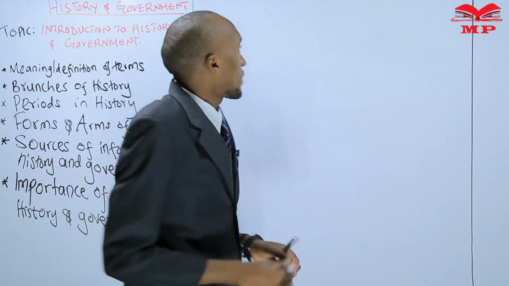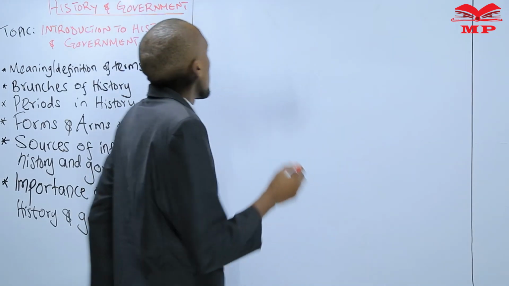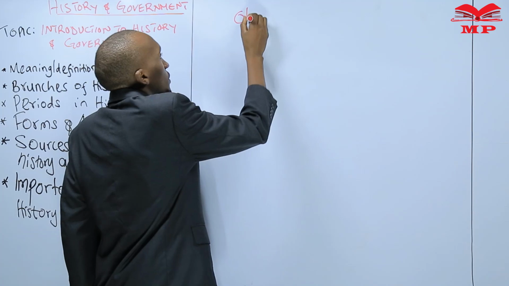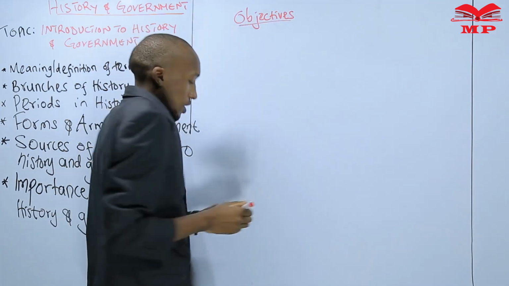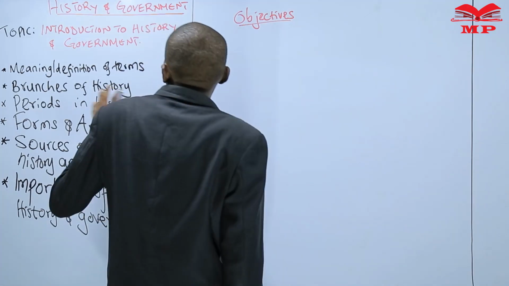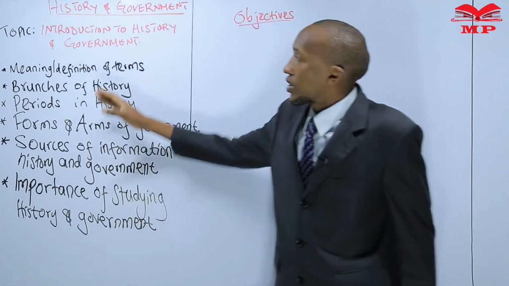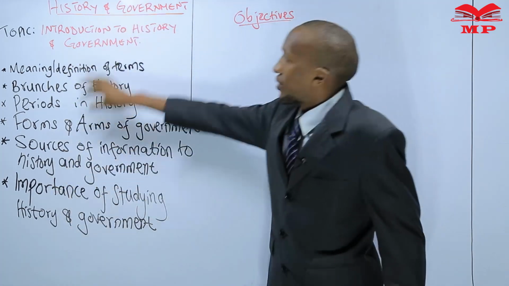So my dear learner, for this specific lesson, by the end of this lesson, I want you to be able to do the following. So let us look at the objectives of this specific lesson. We have just looked at the outline of the whole topic.